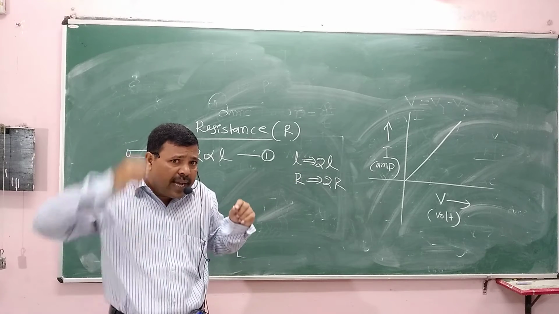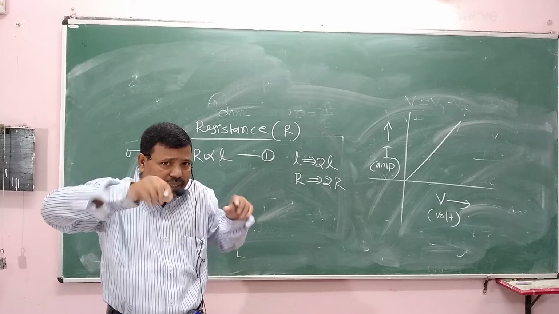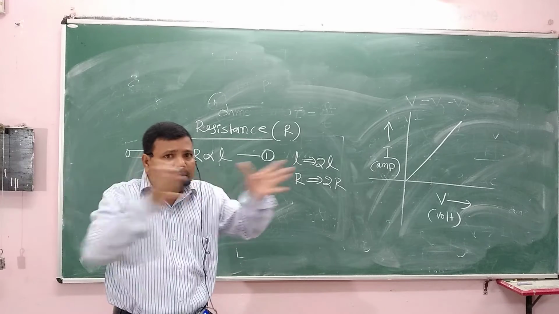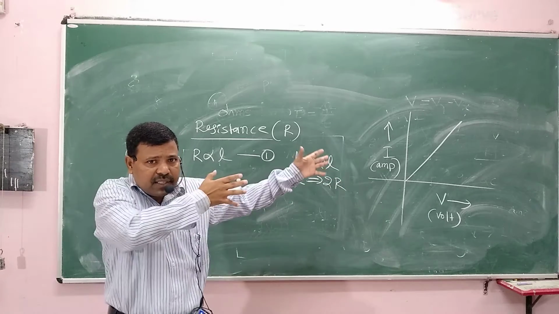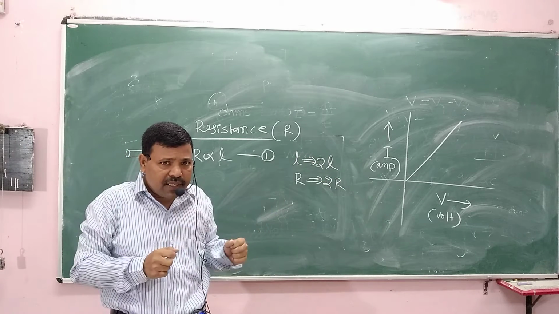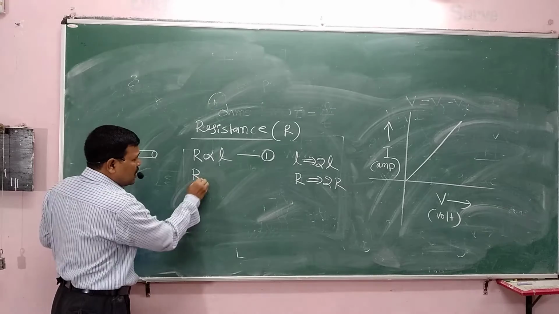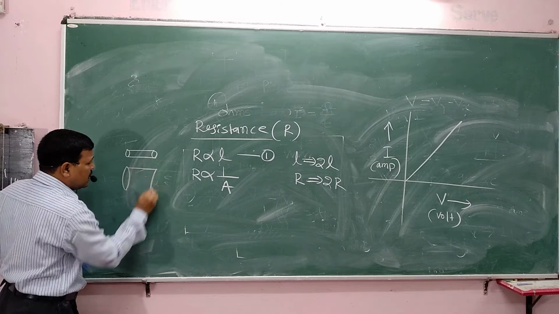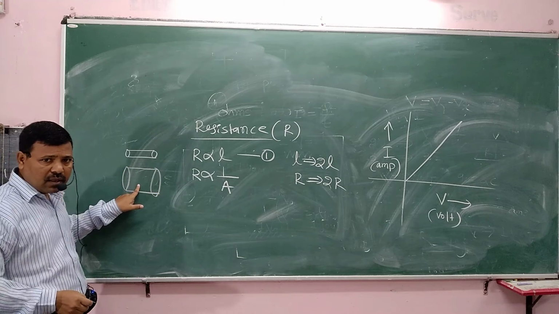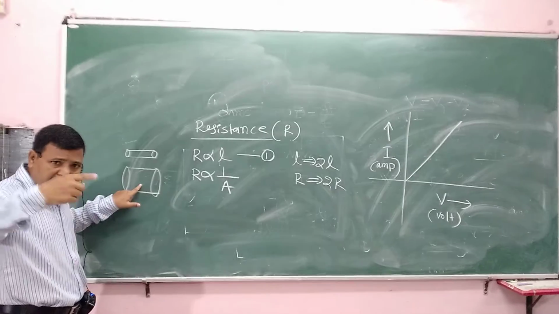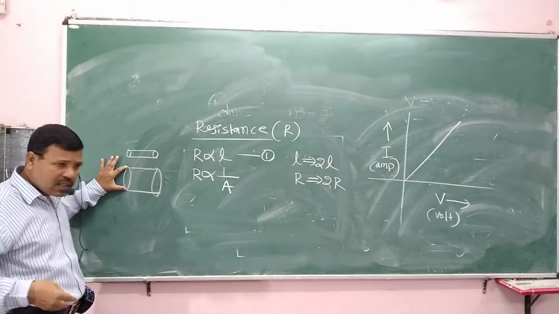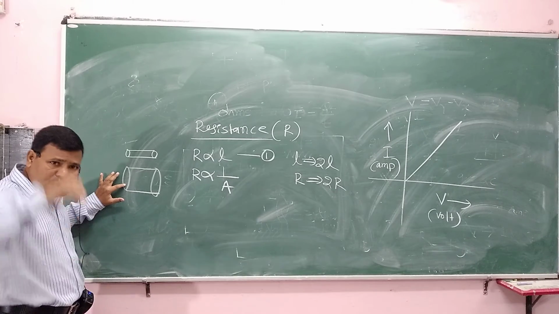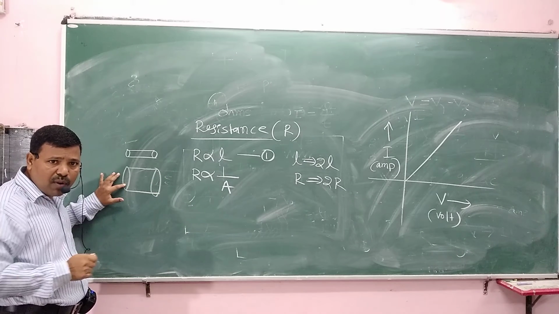That means as the cross-sectional area increases, resistance decreases, therefore the flow of charges and electric current increases. So resistance is inversely proportional to cross-sectional area. This is a thicker conductor which has a greater area of cross-section. Larger the cross-sectional area, smaller the resistance and larger the flow of charges.